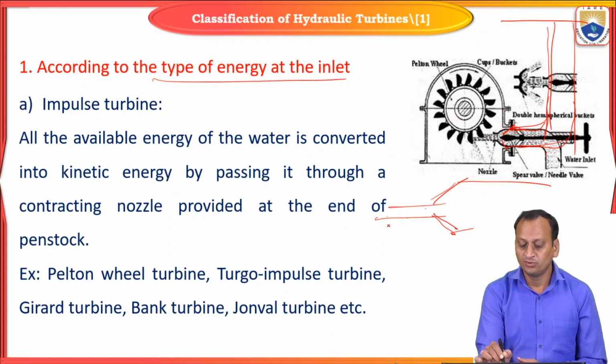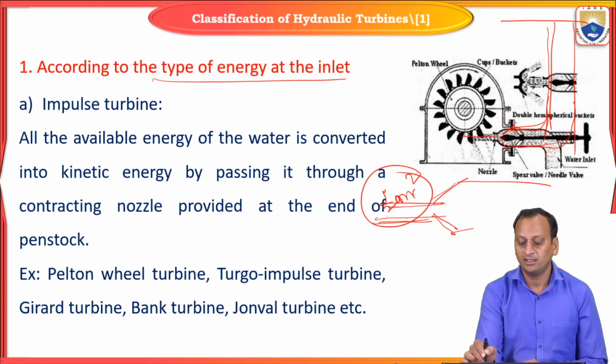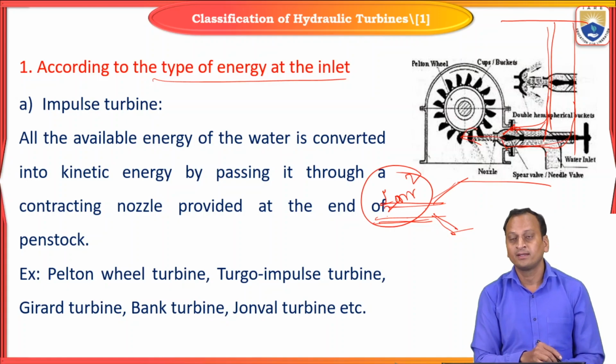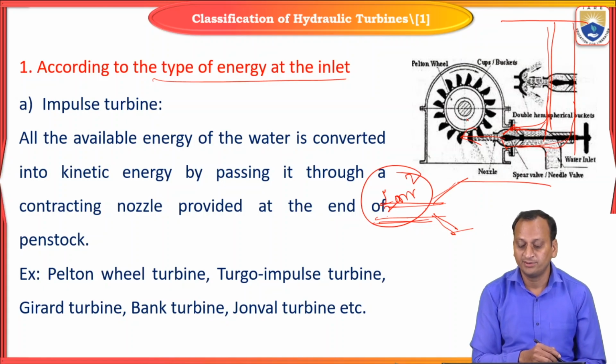Here, the velocity will be increased. The pressure energy also will be converted into kinetic energy only. So, with the kinetic energy of half m v square, it is going to hit the turbine runner. The turbine runner consists of buckets.